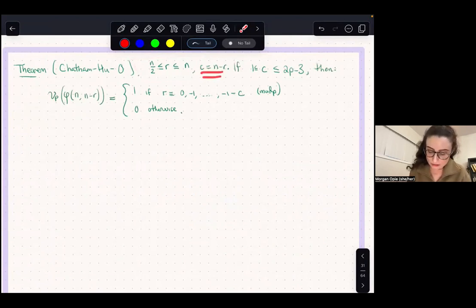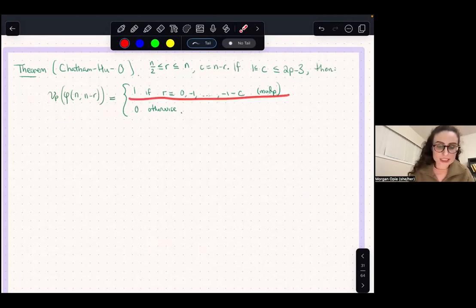And you fix a co-rank n minus r, which is between 1 and p minus 1, which you might notice is the degree of alpha 1. Then the p-adic valuation, or the p divisibility, that's what we're computing, of the number of co-rank n minus r bundles on CP^n is 1 if r falls into one of these equivalence classes, and that's essentially when you're going to have some top piece that can map into the bottom piece, and 0 otherwise.